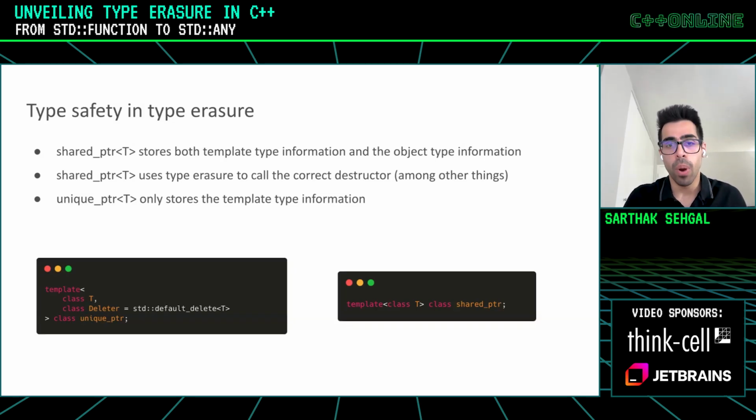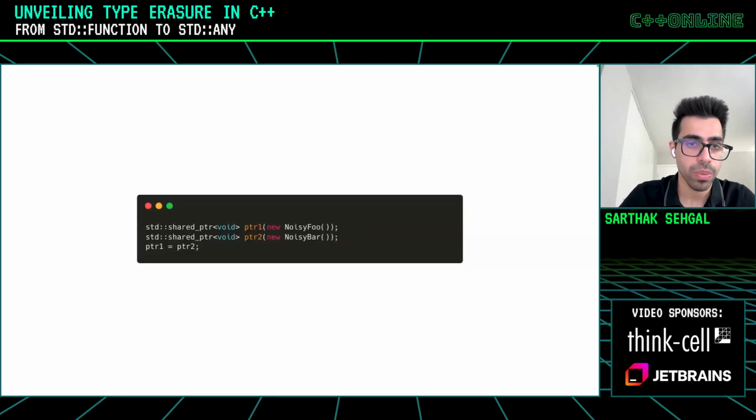Similarly, in a shared pointer, we should be able to construct a shared pointer with any object, as long as the type of the object is convertible to this type T, or to be completely correct, the pointer of the type should be convertible to pointer of type T. But let's have a look at the implementation.